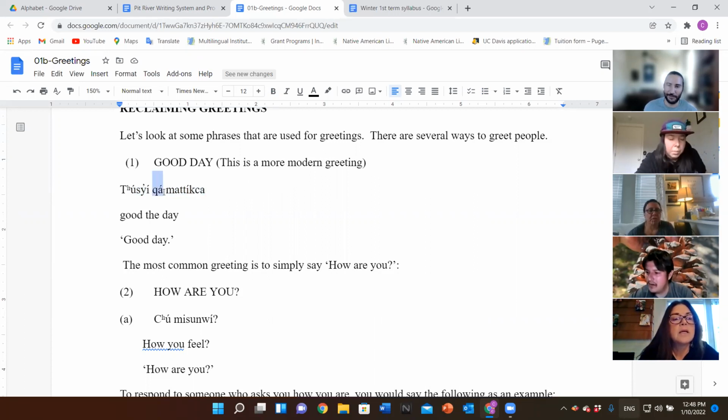Ga is used a lot in this language, the, this, that. It's also a. So the literal translation is good the day. It's kind of a more modern greeting. I don't think they really used that back in the day, but a lot of people want to know how to say good morning, so this is what we came up with.